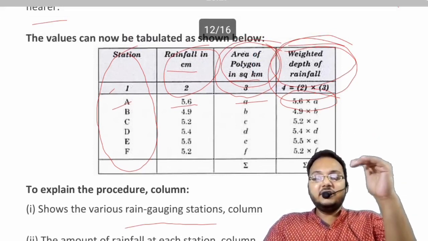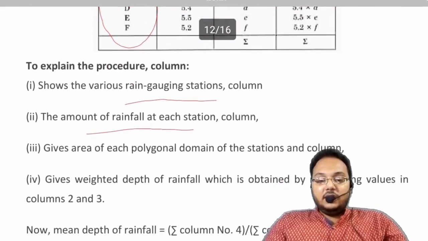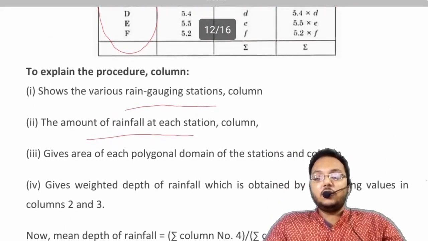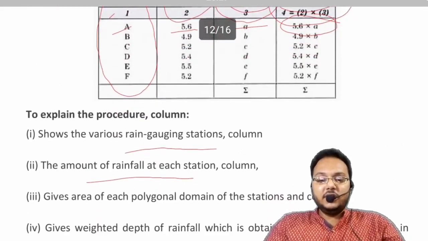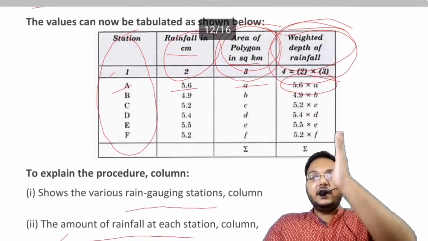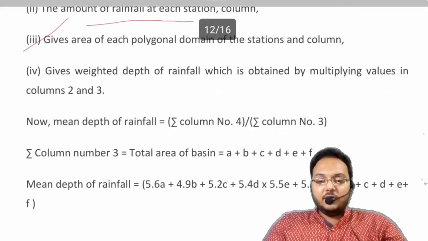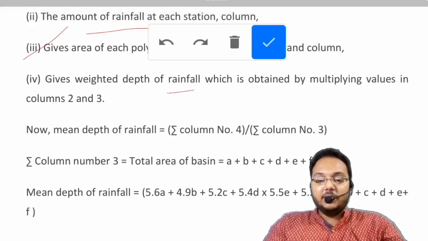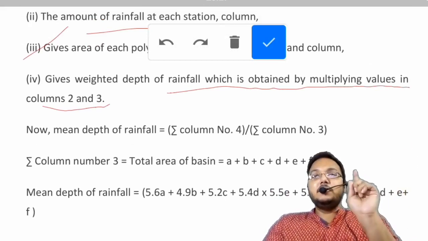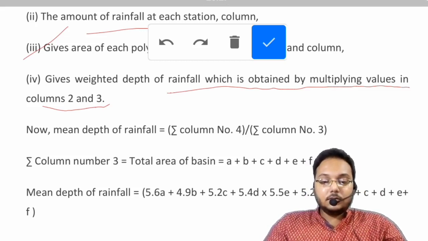They are mentioned simultaneously with respect to each other, and it also gives the area of each polygonal domain of the station. In the third column you can see the area of the polygon is given to us. Finally it gives the weighted depth of rainfall, which is obtained by multiplying the values in columns 2 and 3.